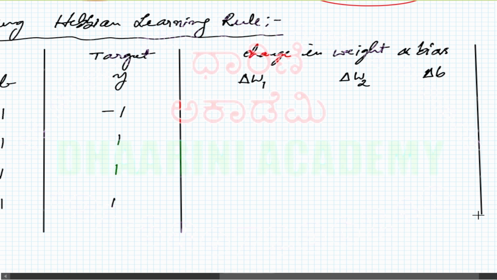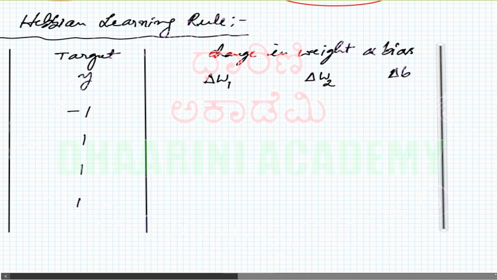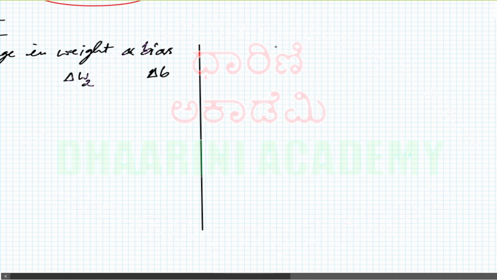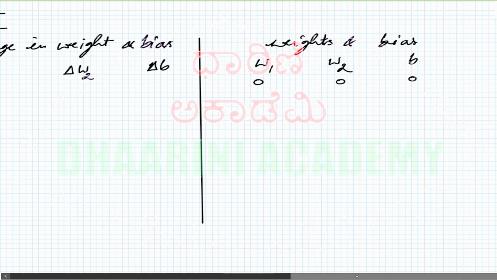And the final column is the updated values of the weights and bias, so this will be W1, W2, and B. The initial values are always 0 0 0, correct? I think you remember that.